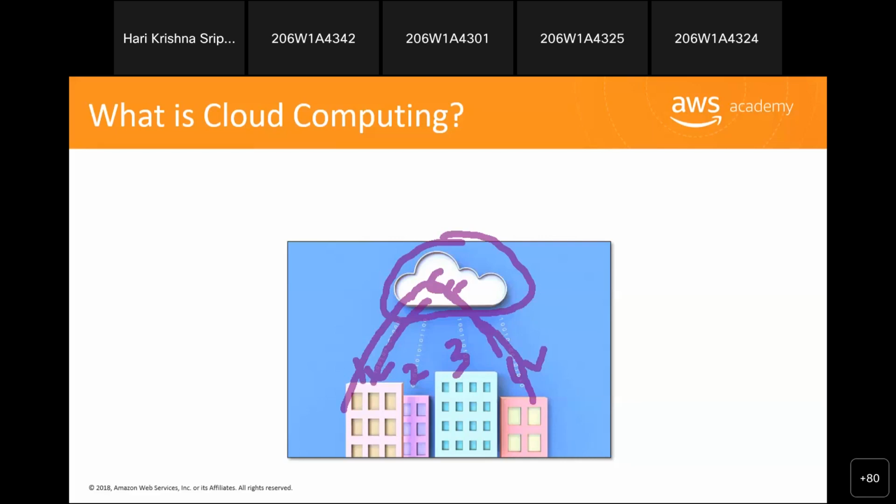First that email will be sent to the cloud, and the cloud will redirect that email to your college. Similarly, if your college wants to send an email to me, the college will write an email and send it. The email will be sent to the cloud, and the cloud will redirect that email to me.